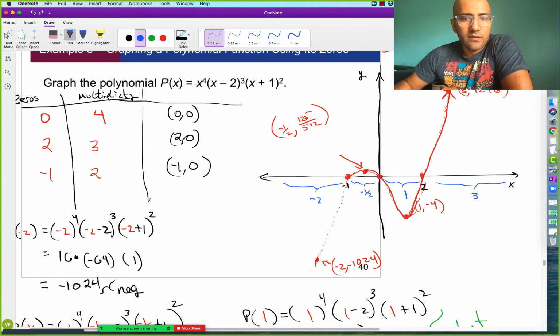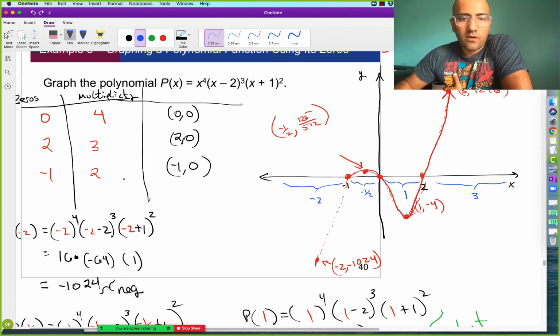Okay, we have this guy. Multiplicity 4, it's not supposed to go through. So this is wrong. It's supposed to touch it and go back the way it came from, but then how come we have a 1 here? 0, 2, and negative 1. Multiplicity at 0 is 4. Multiplicity at 2 is 3. Okay, so this one matches that it goes through.